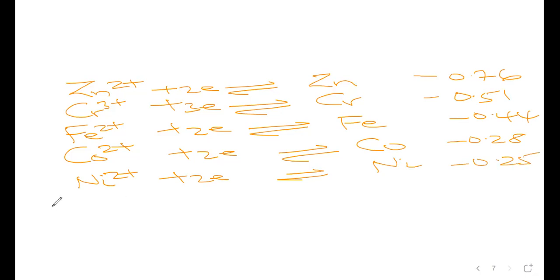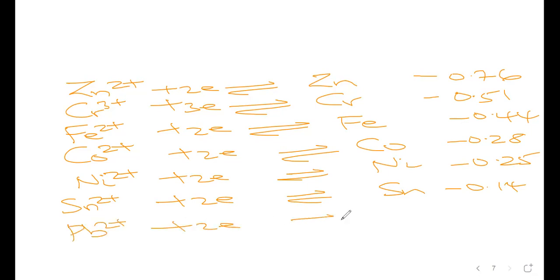After nickel, the tin comes in. Tin is negative 0.14. Lead follows. Both of these are in group 4, the group 4 cations. Lead is negative 0.13. You see the difference, very small.